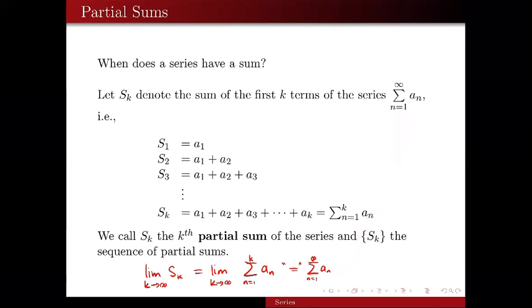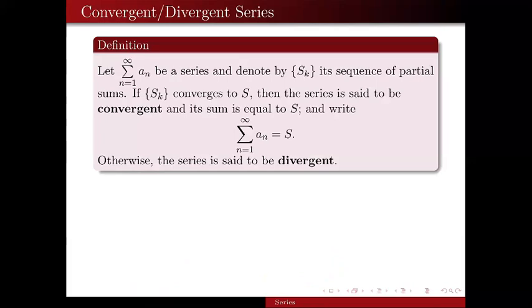So if you notice, if this guy here has a limit, the quotation marks here will disappear. The limit, if it exists, will be the sum of this. So let the sum of a sub n from 1 up to plus infinity be a series. And we denote by S sub k the sequence of partial sums of this series.